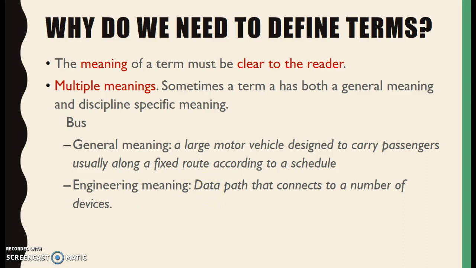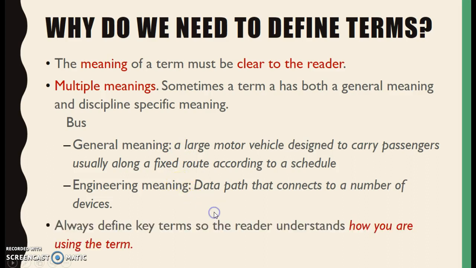So we want to pay attention to the context and make sure that the reader understands which meaning we're using in our writing. Sometimes a term may have more than one meaning even in a discipline-specific context. There may be two or three, and they may be slightly different. It's very, very important that the reader understands how you're using the term.